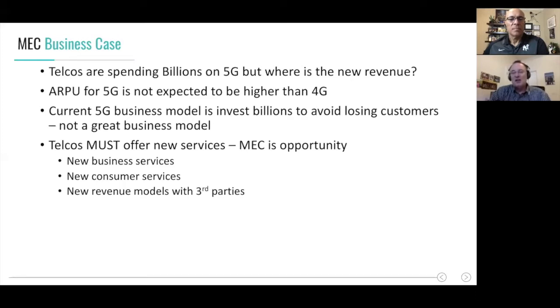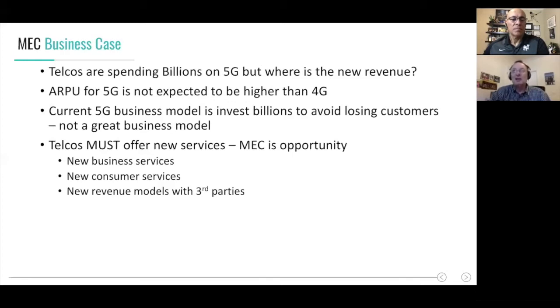It's not that consumers are going to pay more money for 5G than 4G. They're just going to expect to have 5G. So the current business model for 5G, at least on the consumer side and even somewhat on the business side, is that you're going to invest billions and billions of dollars so you can avoid losing customers, right? That's a terrible business model.